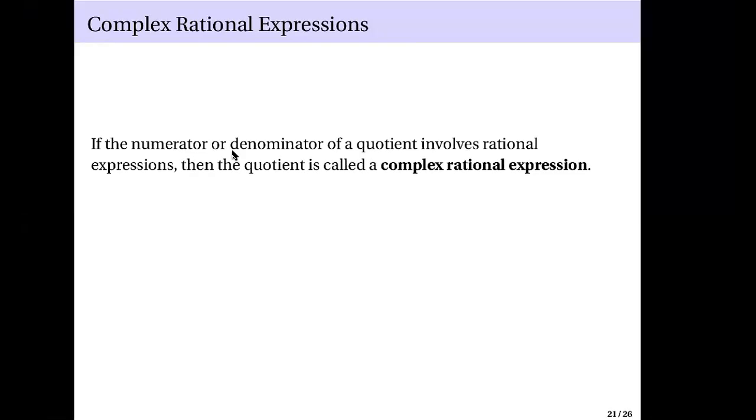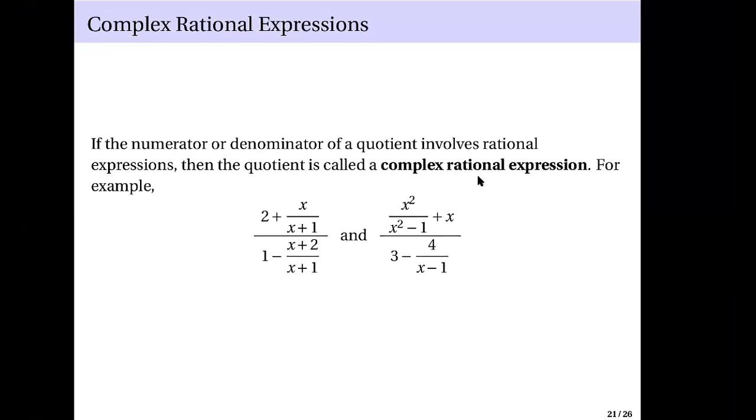So if the numerator or denominator of a quotient involves rational expressions, then the quotient is called a complex rational expression. Okay? For example, here you have 2 plus x over x plus 1 all over 1 minus x plus 2 over x plus 1.